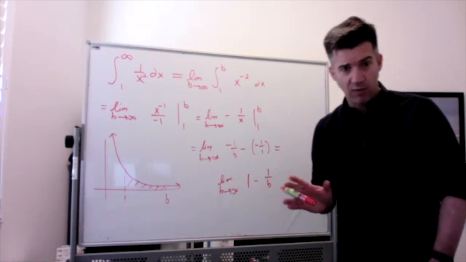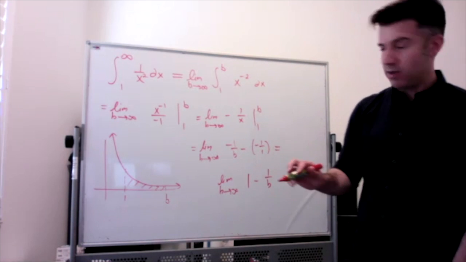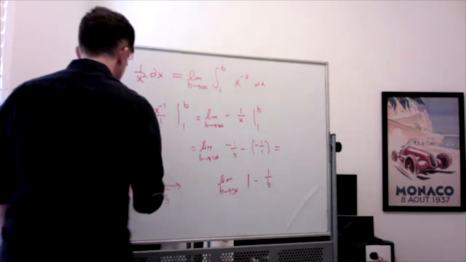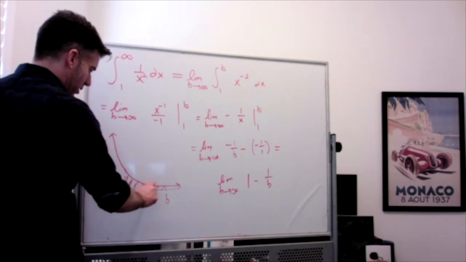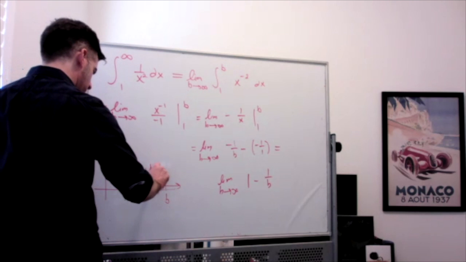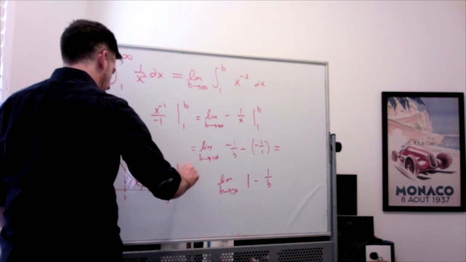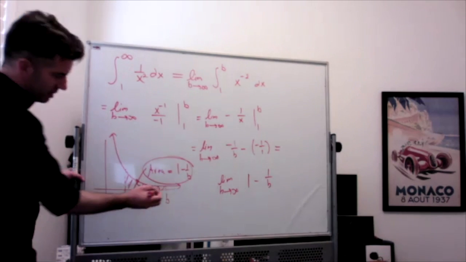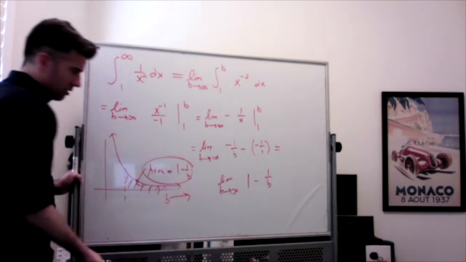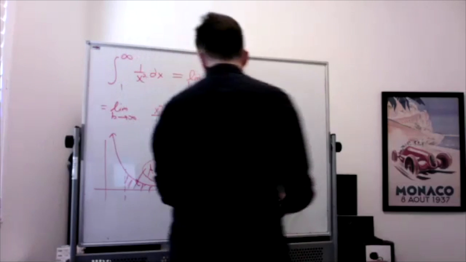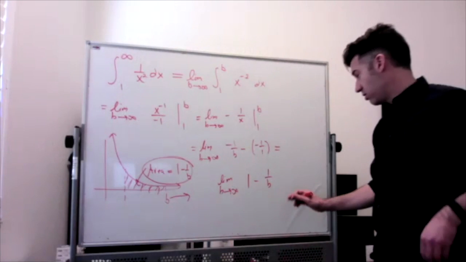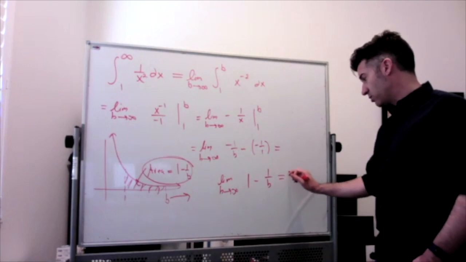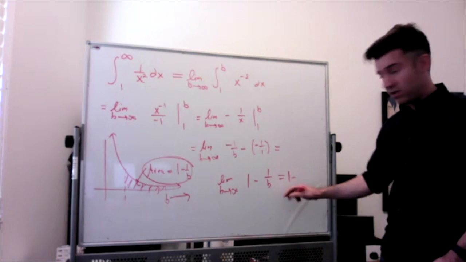Now I want to point out before we take this limit, which I'm sure we can all see what's going to happen, the area under the curve, that area there, is 1 minus 1 over b. And then as we let b go to infinity, the part we're subtracting off gets smaller and smaller and smaller. The limit as b goes to infinity of 1 minus 1 over b is 1.